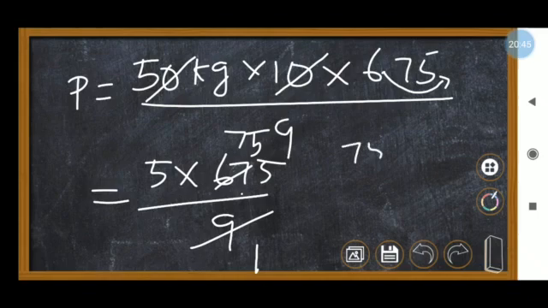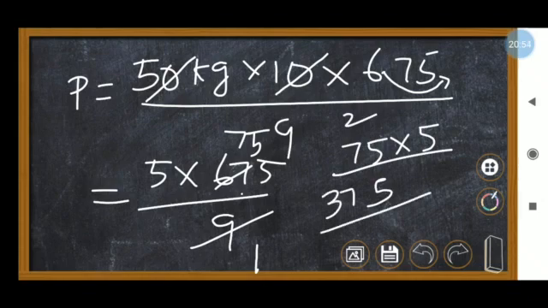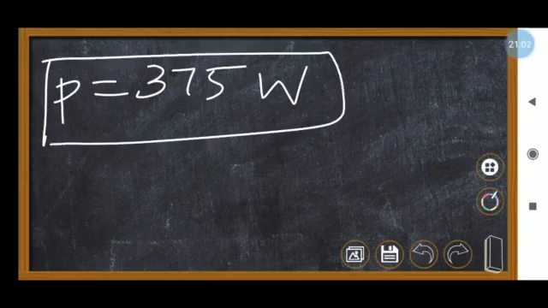So 75 into 5, 5 fives are 25, remaining 2, so 375 watt. So power equal to 375 watt. Okay students, I hope you all understand this one, and this is the way we have to do the problem.